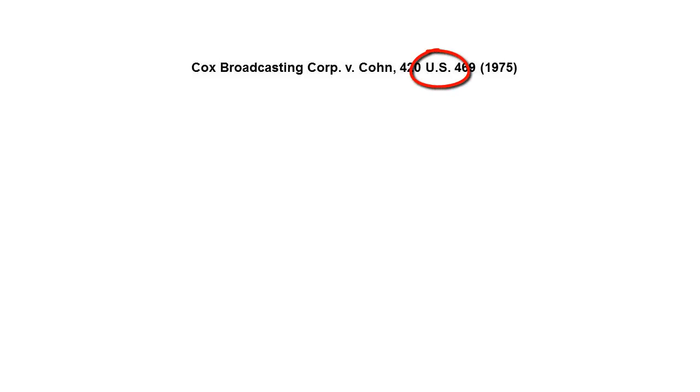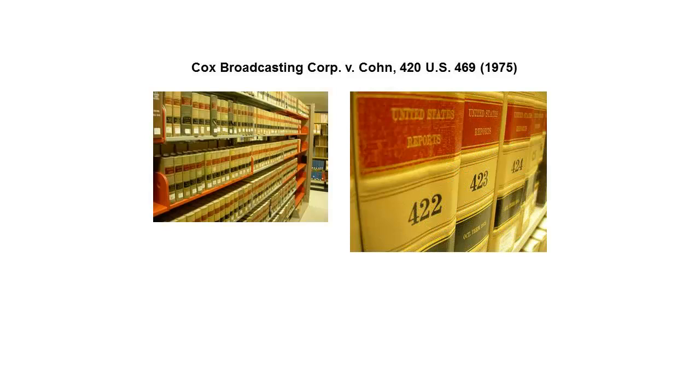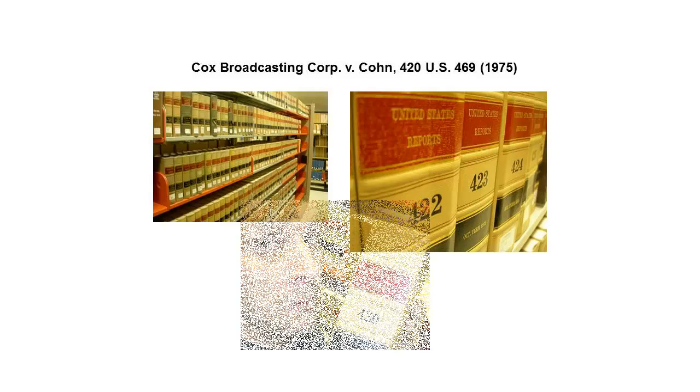So the first thing I know is that I need to find the U.S. reports. So I search around or I ask a librarian, and eventually I find the U.S. reports stacked on shelf after shelf in a dusty, dark back corner of the library. And if we look closely, we will see on the spines of the books there are numbers which indicate the volume numbers.